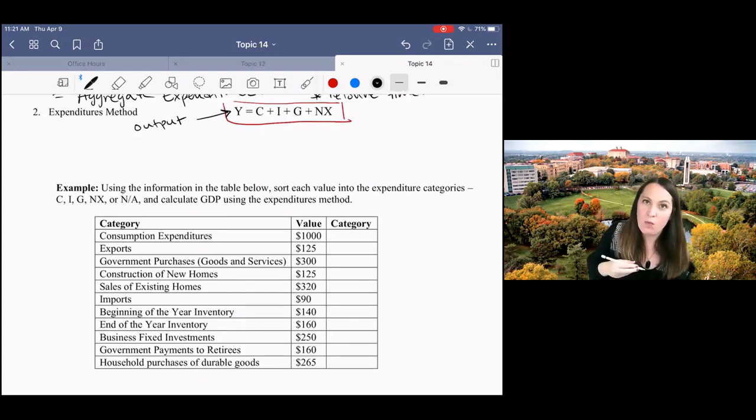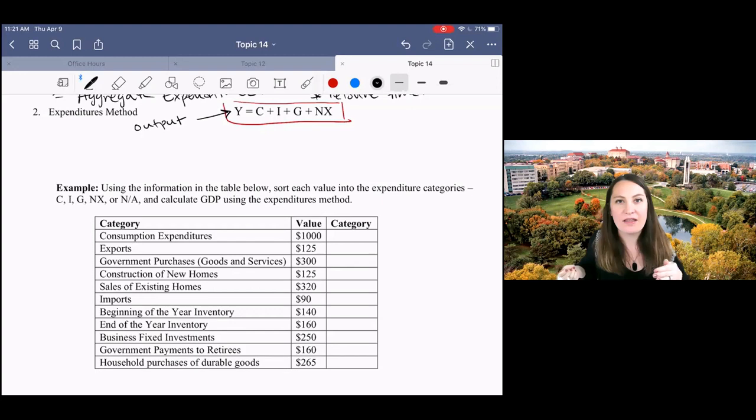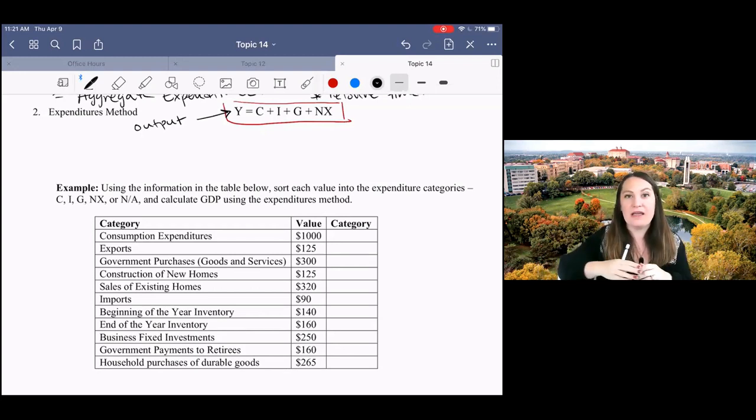In this method, to calculate aggregate output, we're going to think about expenditures, because remember, everything that is produced and sold creates income for someone and spending for someone else. So if we add up all of our expenditures in a time period, that would be equal to all of our income, and that would be a reflection of aggregate production.